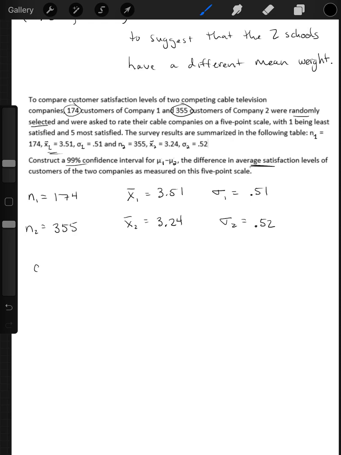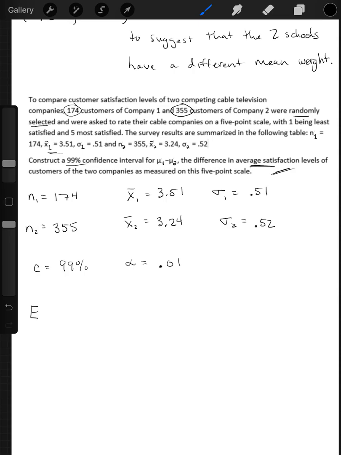So it wants a 99% confidence level. So alpha is going to be 0.01. It's looking for a confidence interval for the difference of means, so we know that we're in the right section. And this is just explaining again what all of those values are about.